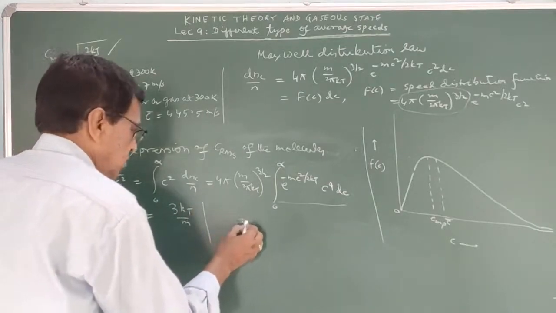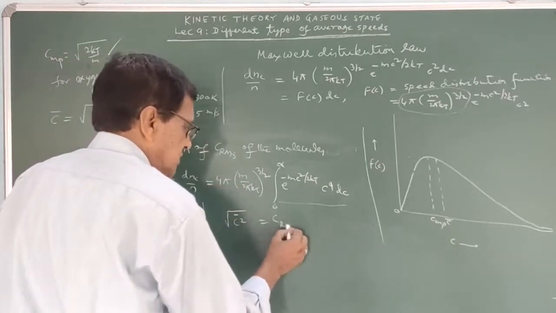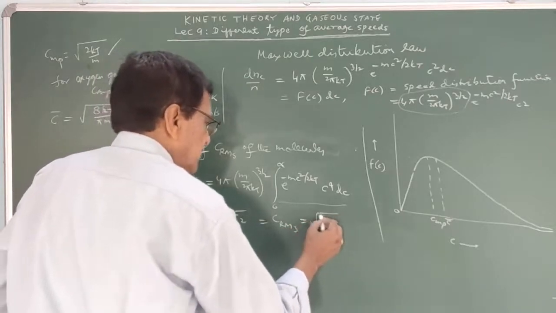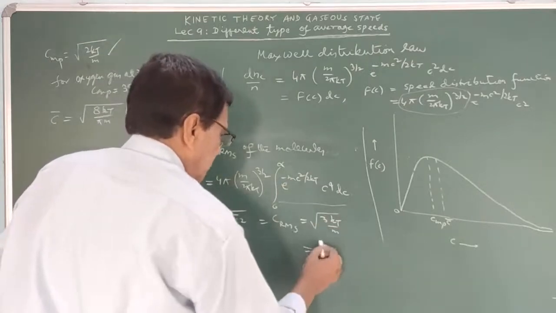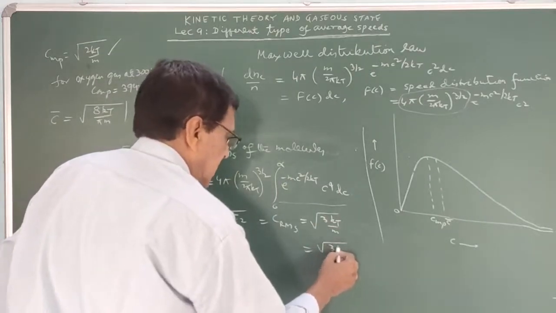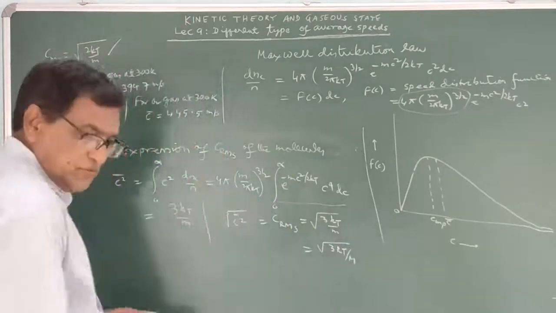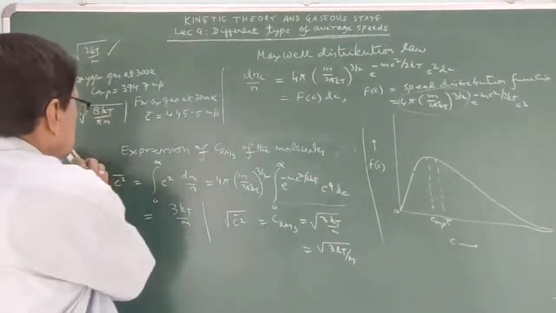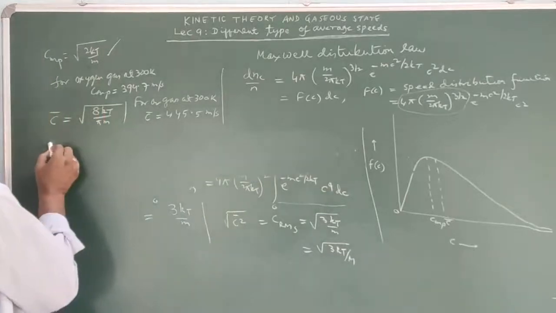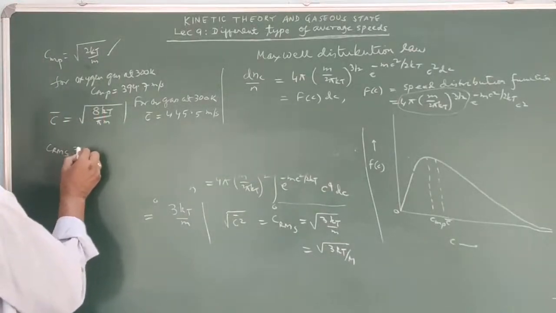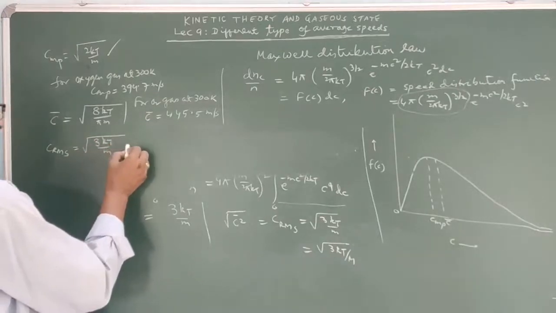So C square bar root over, which we call the C_RMS speed, will give you root over 3kT by m, or you can write root over 3RT by M. So we can list up here C_RMS is equal to root over of 3kT by m.